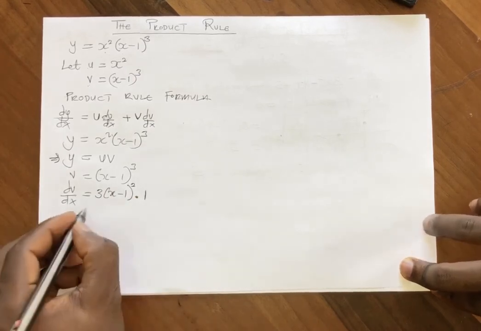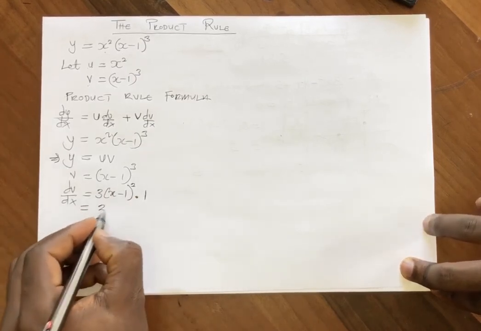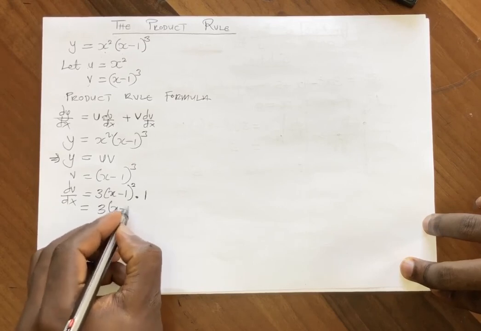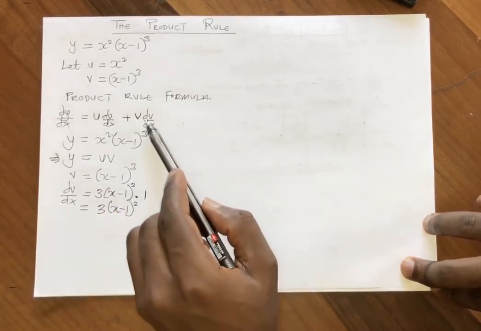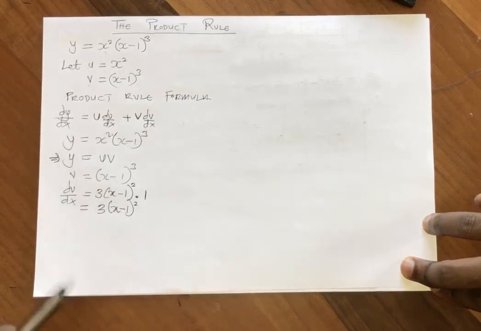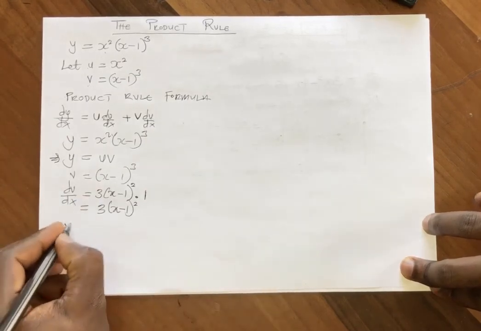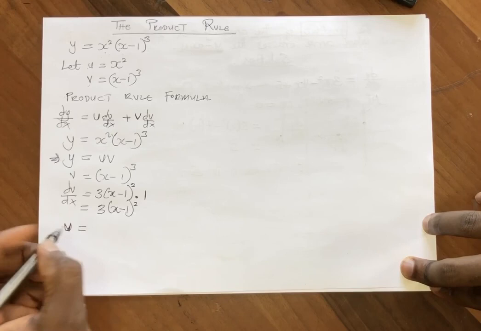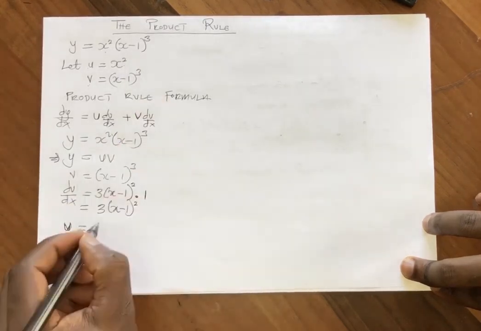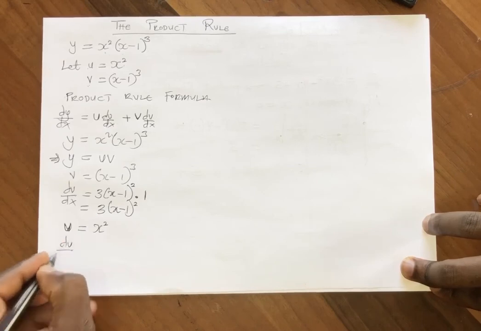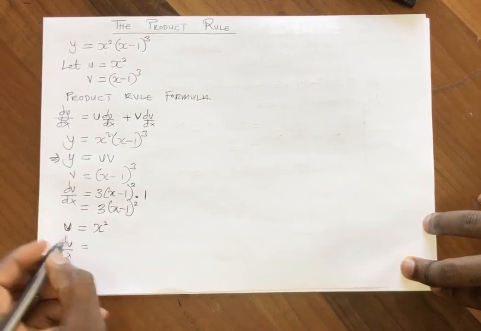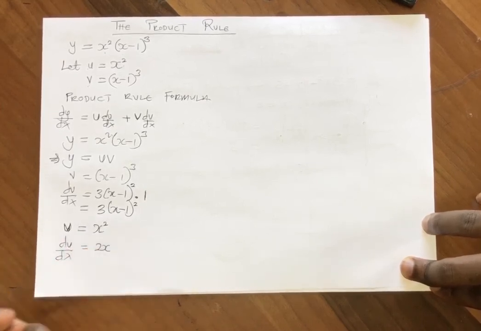So this gives 3(x minus 1) all squared. Then what else do we need? We need du/dx. We know that u is x squared, so du/dx will give us 2x.